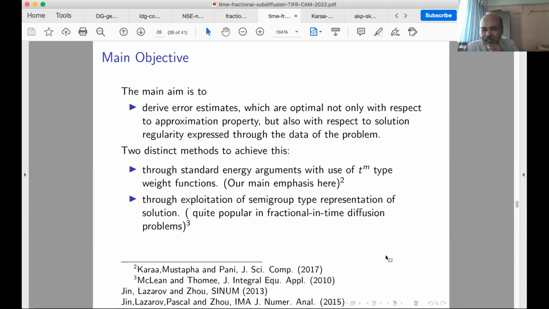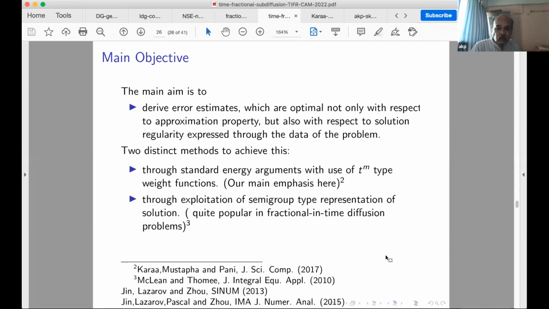Okay, so what is the problem? I will just tell the problem and then I will stop. The problem here: you want to get some kind of a smoothing property. That means you have to push some type of a weight like t to the power m.